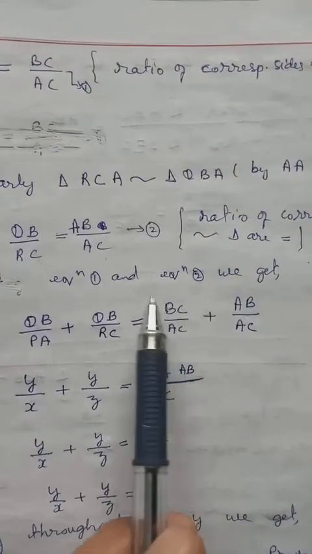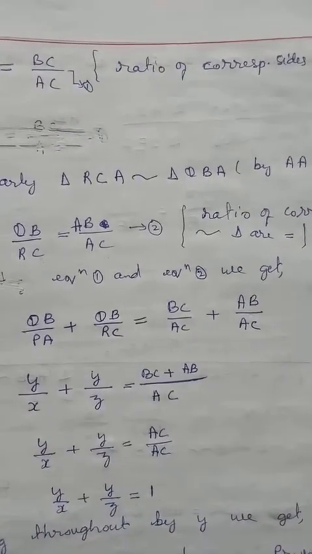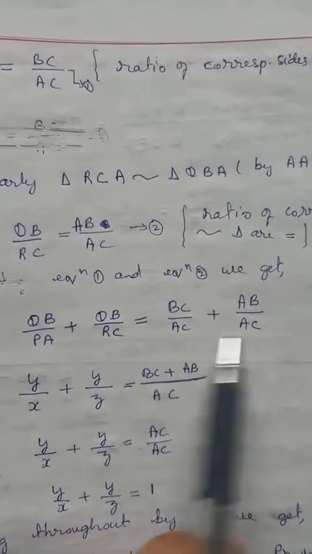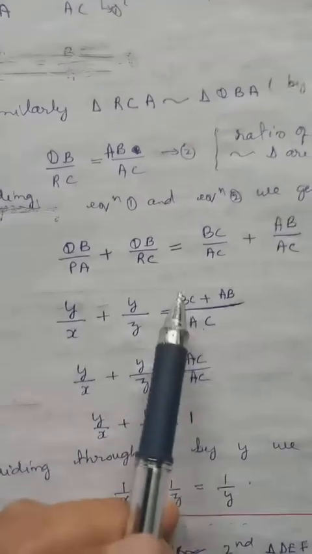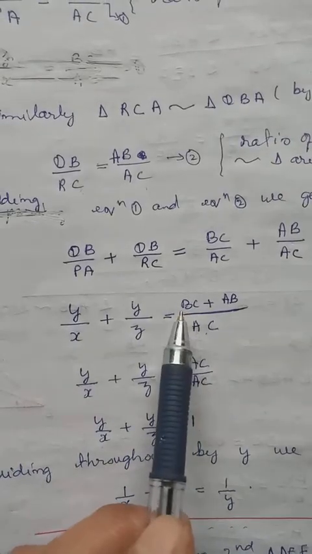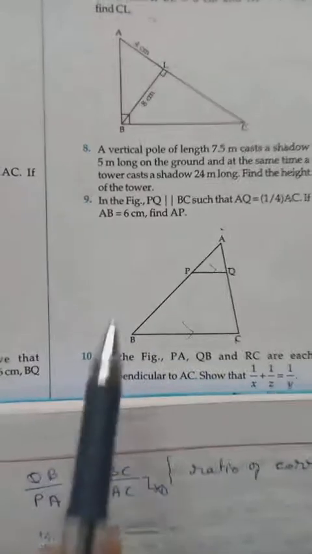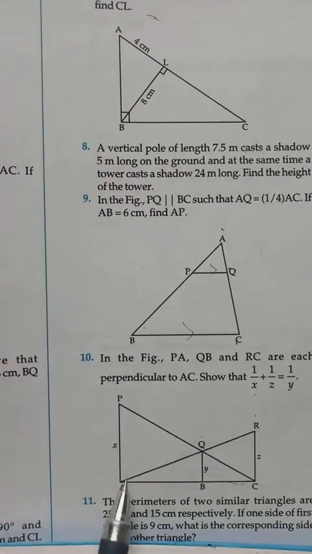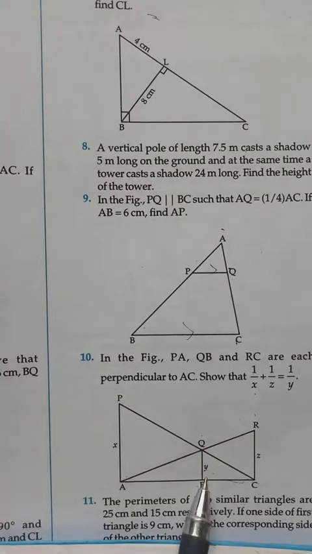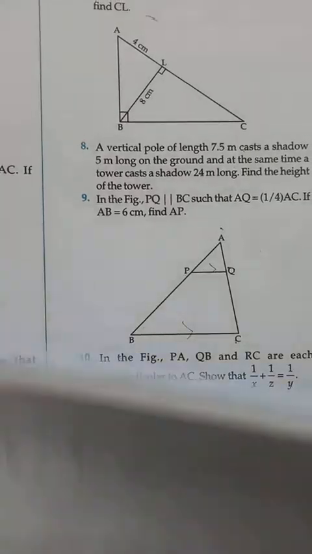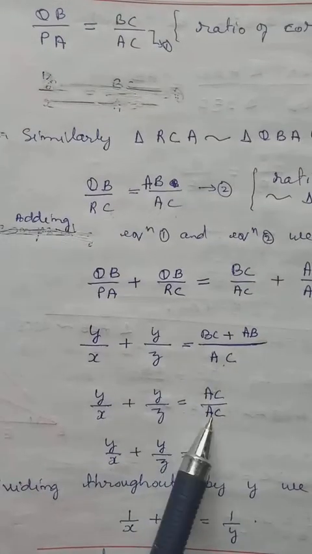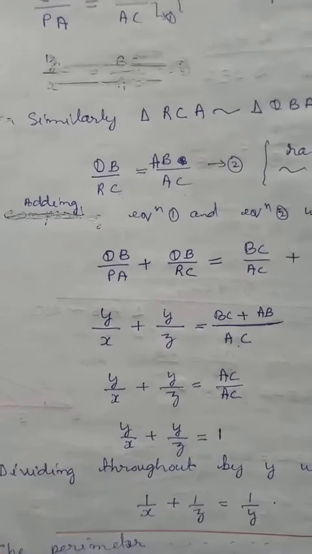BC we don't know, AB we don't know, so let it be. Here we can take AC common. Then from the figure, BC plus AB gives AC. So AC divided by AC equals 1.